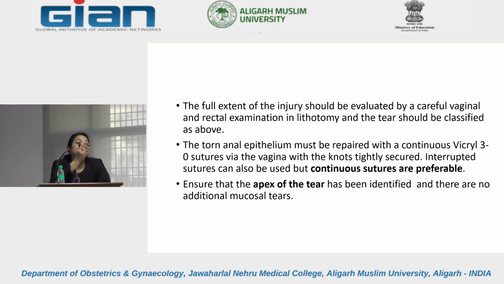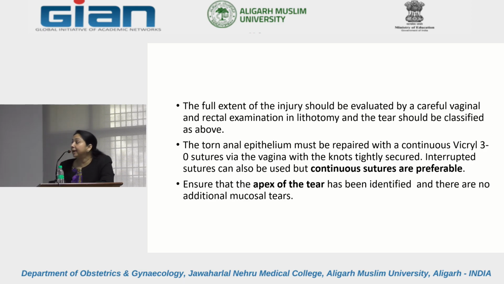The full extent of injury should be evaluated by careful vaginal examination. Sometimes there may be a third degree perineal tear, and simultaneously you may get a rectal buttonhole tear above that apex. So careful examination should be done for evaluation and to rule out other injuries like rectal buttonhole tear.